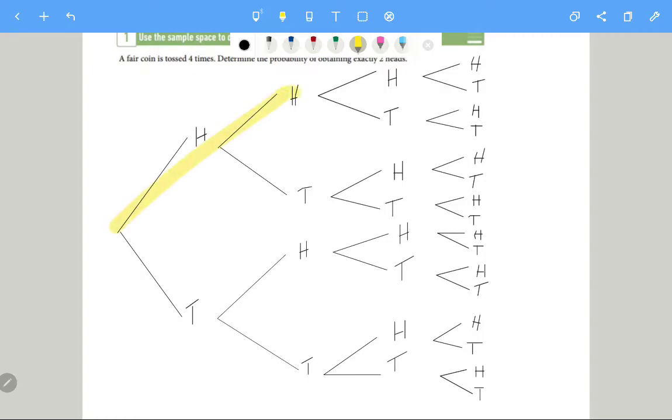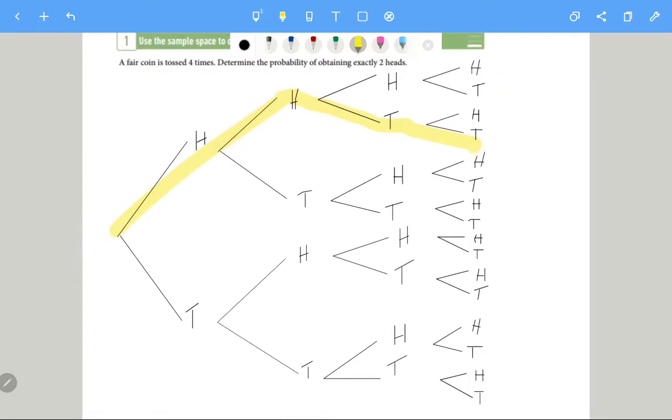So we could get 2 heads in a row, and then 2 tails. That would work. Now that's the only one that's going to work there, because in all of these other cases we get too many heads. So we could get a heads and then a tails, and then a heads. Those are our 2 heads, so then we'd have to get a tails.